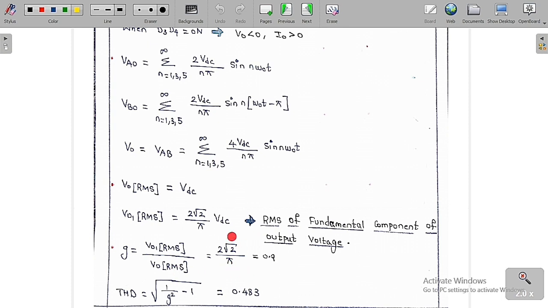If you do the division, finally we are going to get 2 into root 2 by pi, which is 0.9. So the distortion factor of this output voltage is 0.9, whereas THD is equal to the square root of 1 by g whole square minus 1. So in place of g, if you substitute 0.9 and simplify, finally we are going to get 0.483 as the THD.